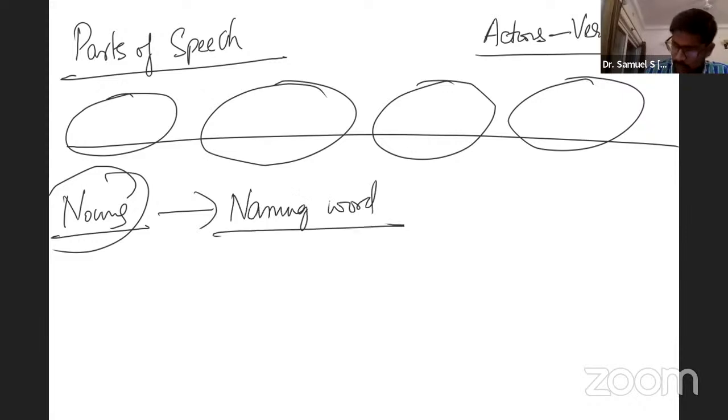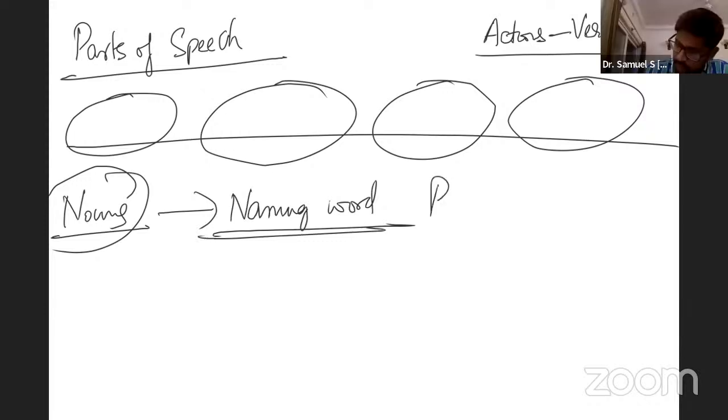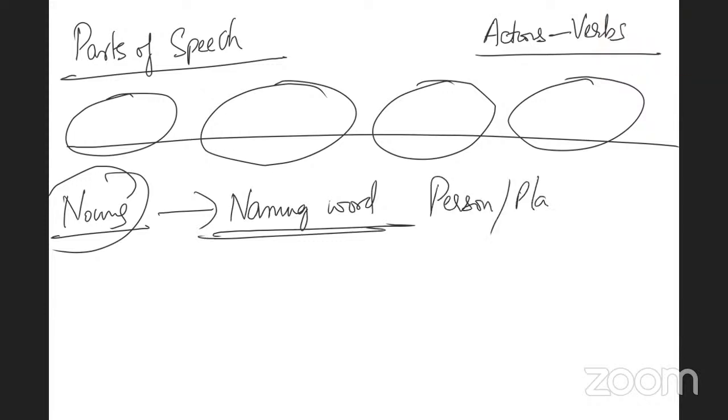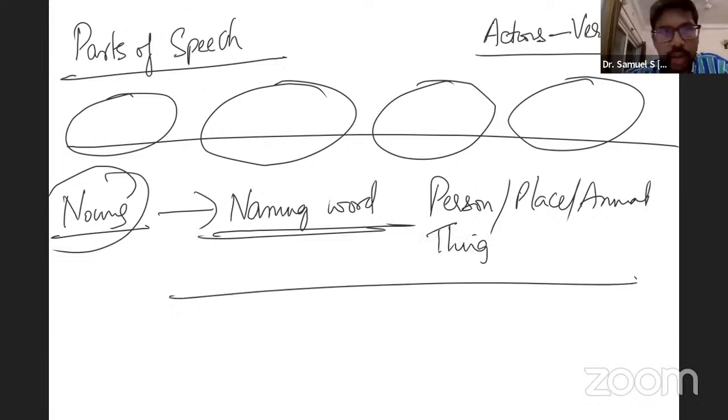Okay. Any other definition? Naming words of person, place, animals, and things. Some person, place, animal, or a thing, right? Any other definition of what a noun is?